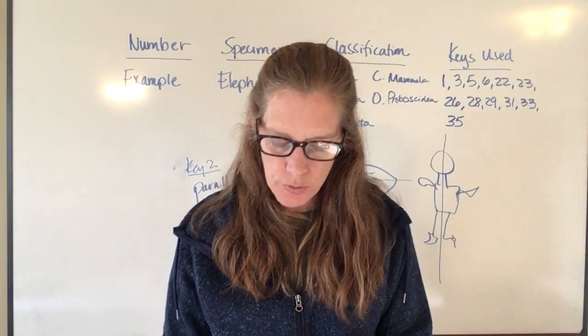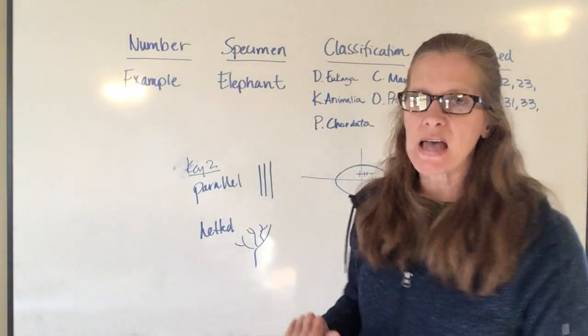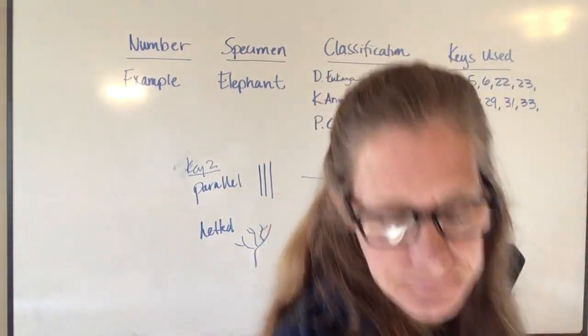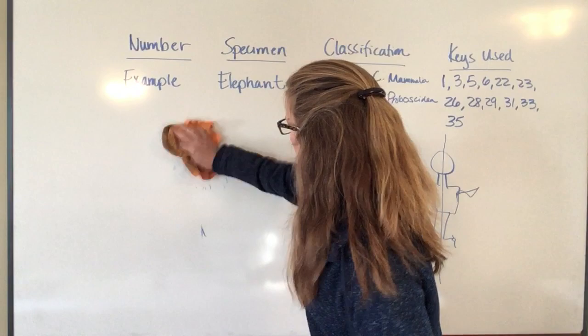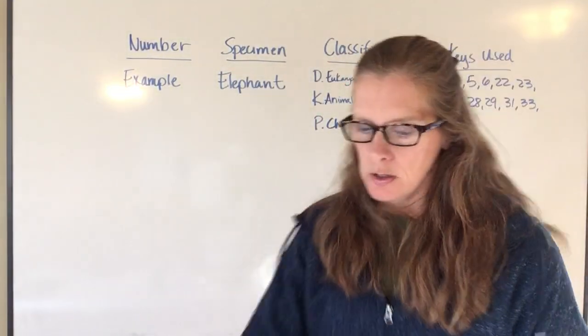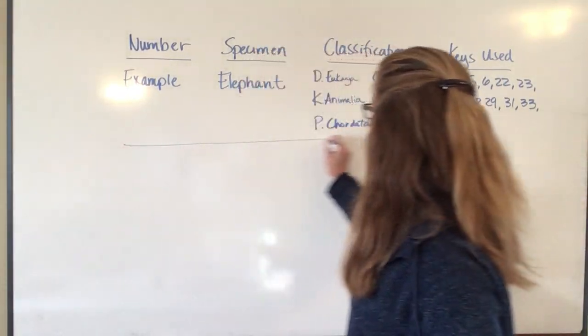So as you go through experiment 9.1, you're going to keep a table exactly like this one. So when you are ready to start the lab itself, you may already have this in your notebook, and if you do, that's fine. So we're just gonna draw a line.